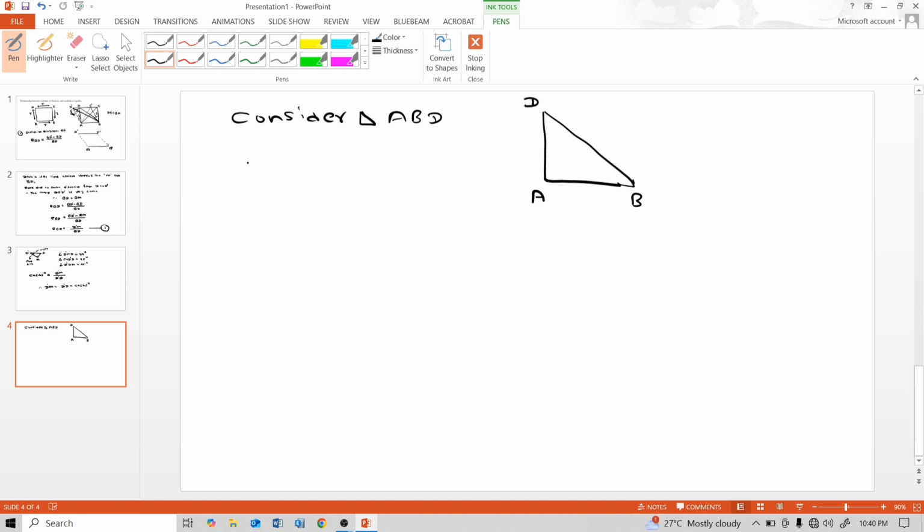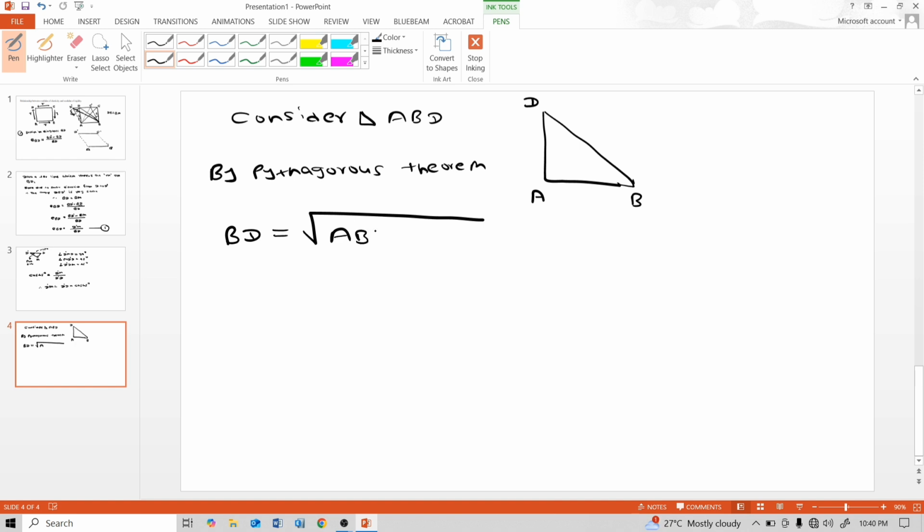By applying the Pythagoras theorem, the hypotenuse BD is equal to the square root of AB square plus AD square.